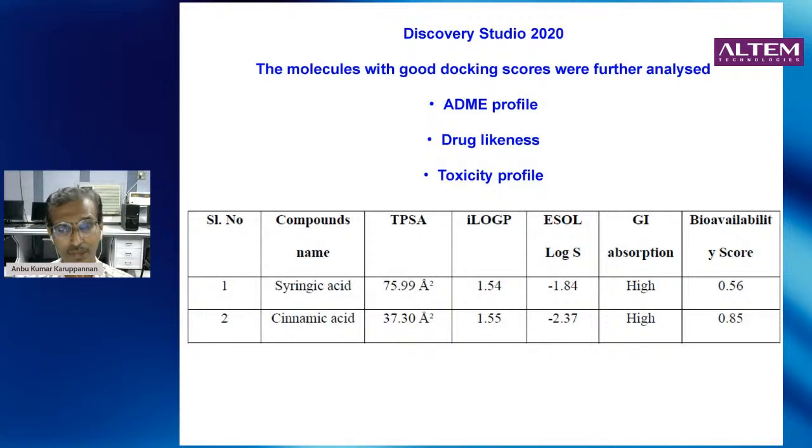But whether these binding partners have an inhibitory property or any other property can be verified only using a wet laboratory assay, a biological assay. But at the moment, we have arrived at some compounds which are really promising.